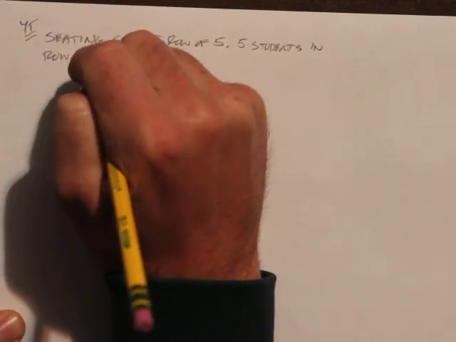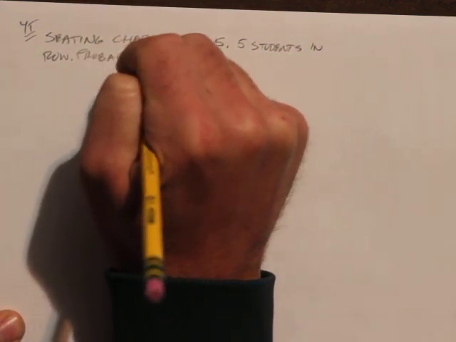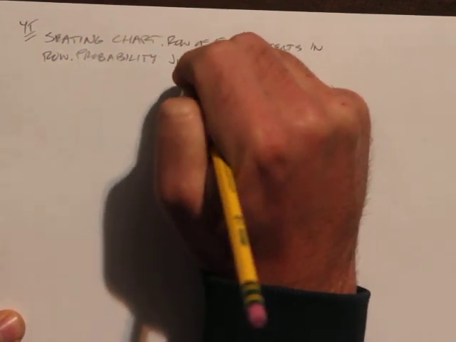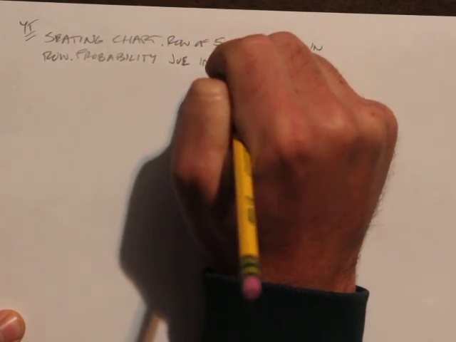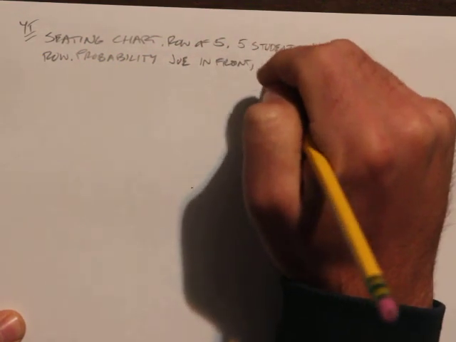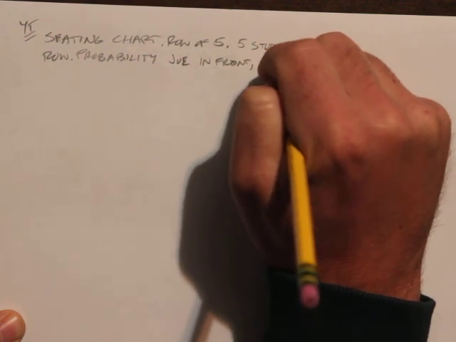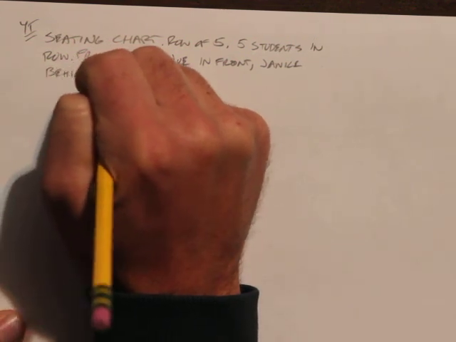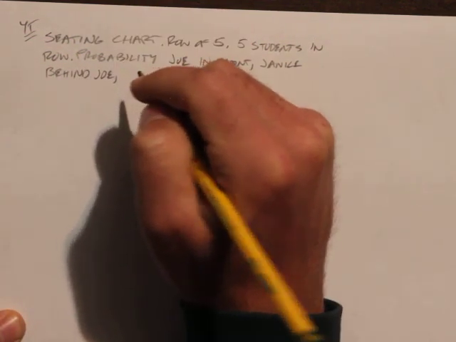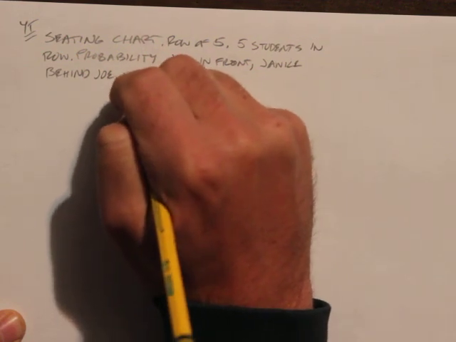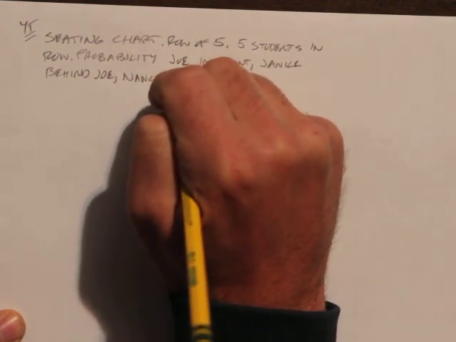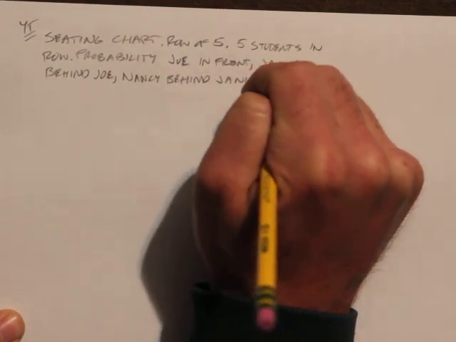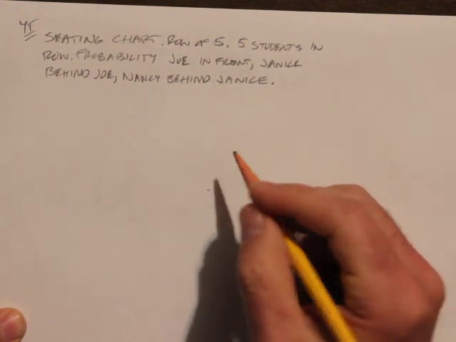Find the probability that Joe will sit in front, Janice behind Joe, and Nancy behind Janice. So we have these specific people, and they're going in specific order.